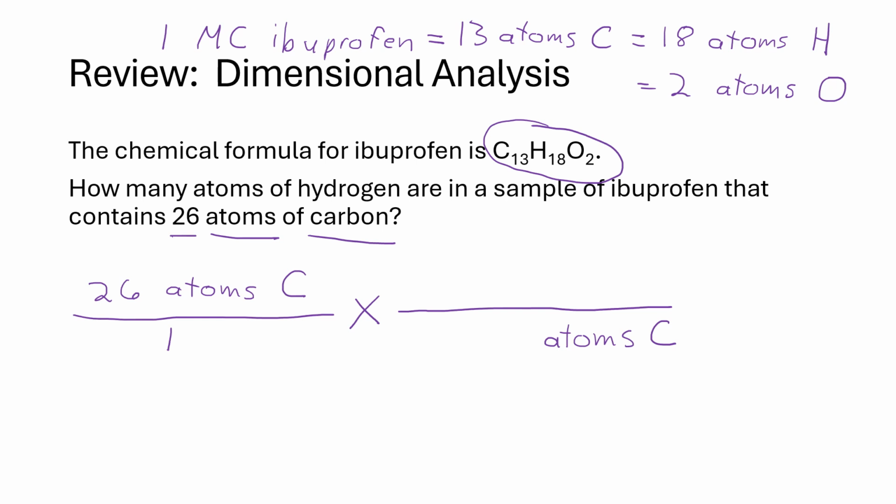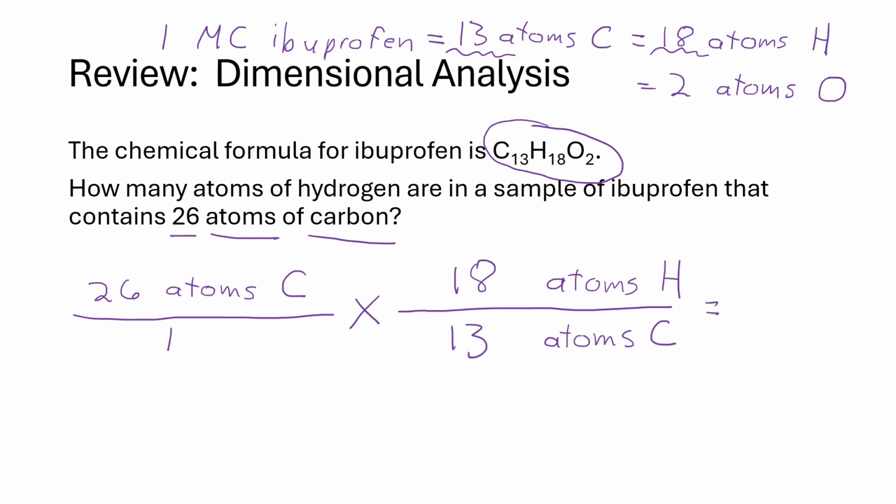In this problem, we're looking for atoms of hydrogen because the problem says how many atoms of hydrogen. So I'm going to just put atoms of H on the top. And now I'm going to look at all of those equivalents we just wrote out. And it looks like with carbon, we've got 13 atoms. And with hydrogen, we have 18 atoms. So I'll just stick those numbers in there.